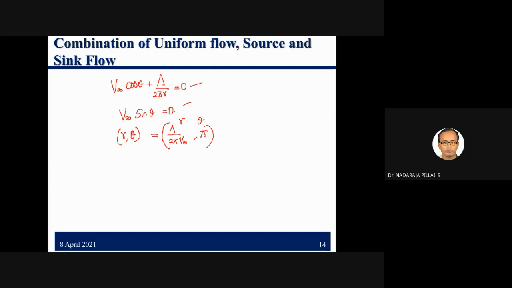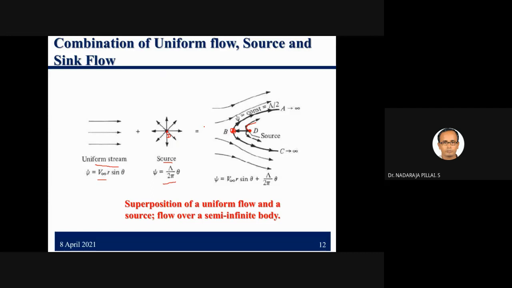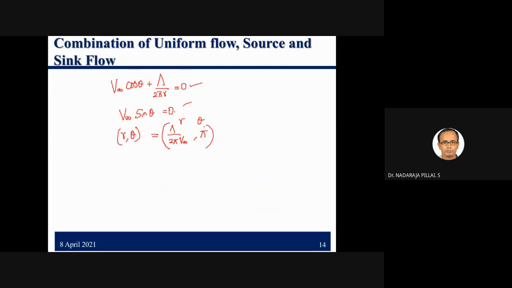So for the stagnation point condition, we can write r comma theta is equal to 0, right? Here we can say that the strength of the source is lambda, and V infinity is the free stream velocity, right?